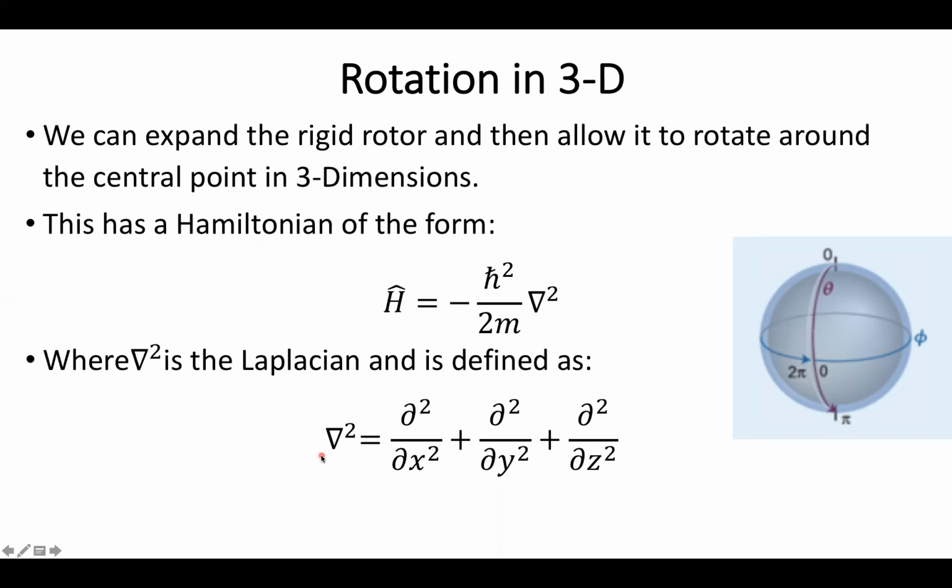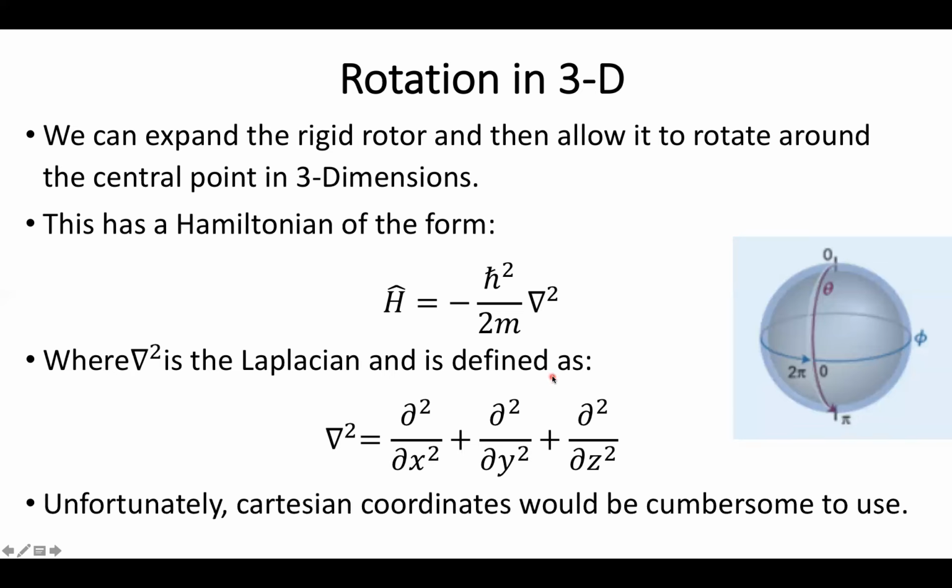So not too surprisingly, you'll see me pull out the Laplacian every once in a while. And this is essentially a way of me talking about looking at the kinetic energy or movement in a three-dimensional space. However, the unfortunate part is that, as we saw last time, Cartesian coordinates kind of suck. So we need something that's a little bit less cumbersome to move.